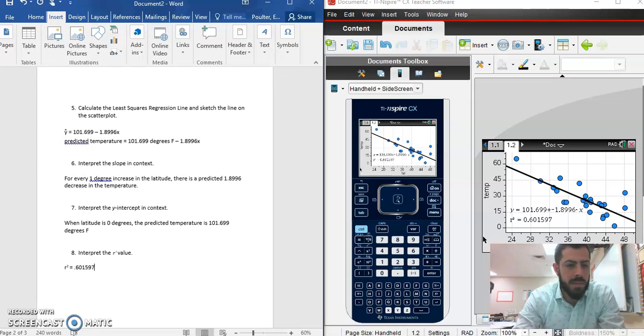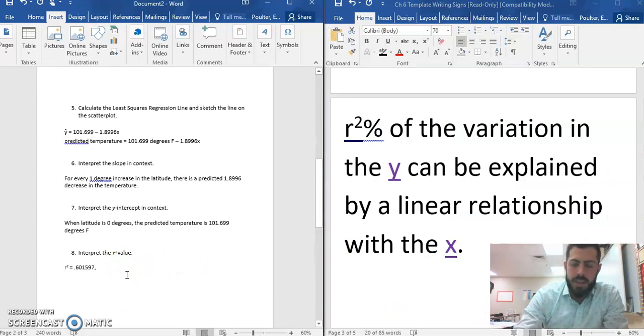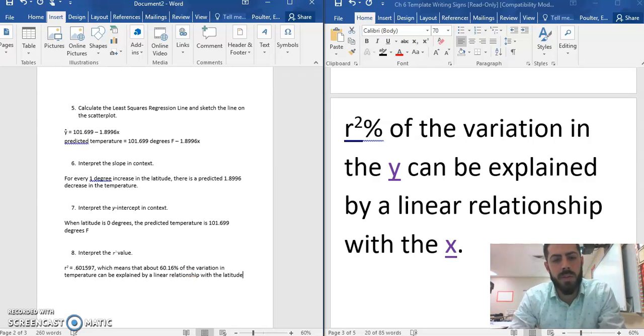And in context, what that means, let's get our sentence stem back up here, is that about 60.16% of the variation in temperature can be explained by a linear relationship with the latitude. And there you go, easy peasy.